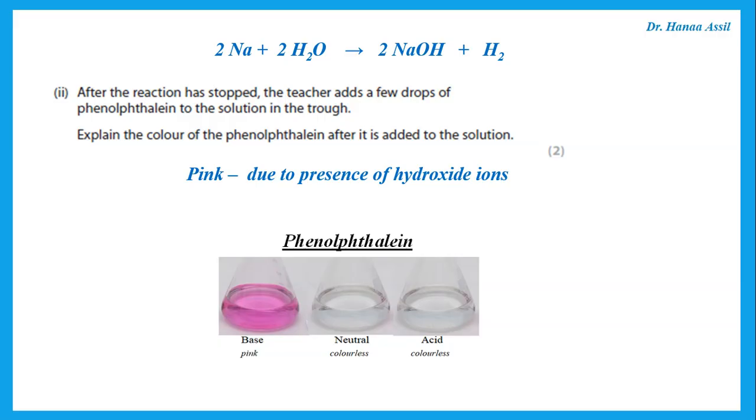Remember, phenolphthalein is pink in a base, and this is due to the presence of hydroxide ions. Again, I'm going to remind you: if we say why is something alkaline or basic, it has hydroxide ions. Why is something acidic? It has H+ ions.